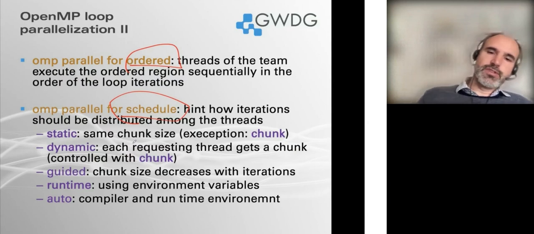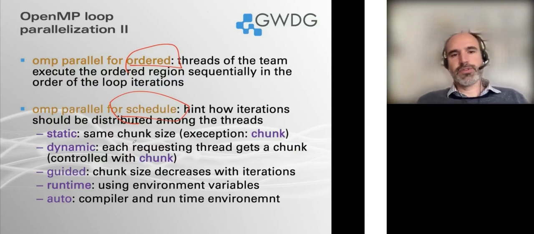all iterations are split up in chunks with equal size. Again, you have 100 iterations, then you have a chunk size of 10, for example. And then each thread will get assigned a chunk. If a thread is done, it will get the second chunk, and so on until it's done.